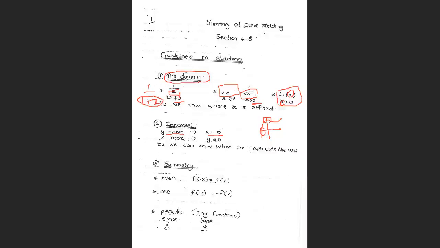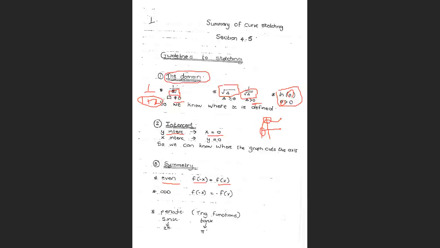All right. Another important aspect is symmetry. With symmetry, we want to know if a function is odd, even, or some sort of periodic function. For an even function, we check what happens when I replace x with minus x. If I get exactly the same function, then my function is an even function.